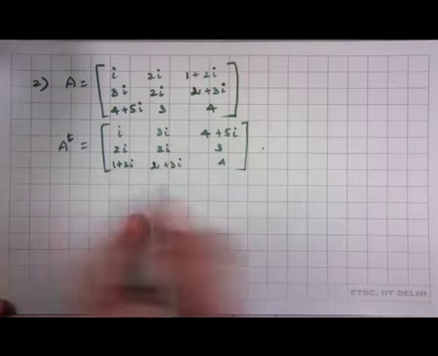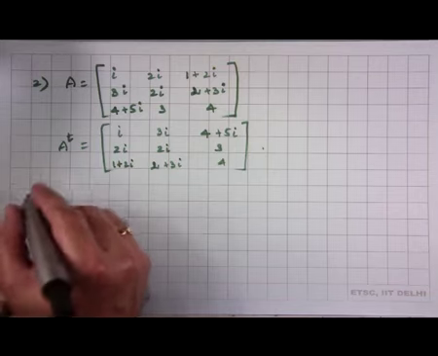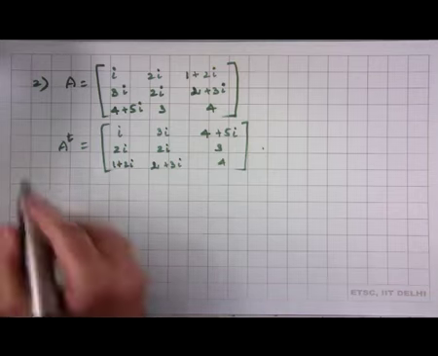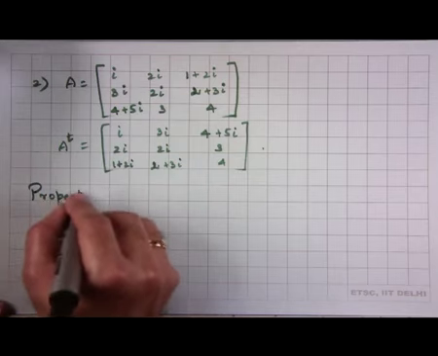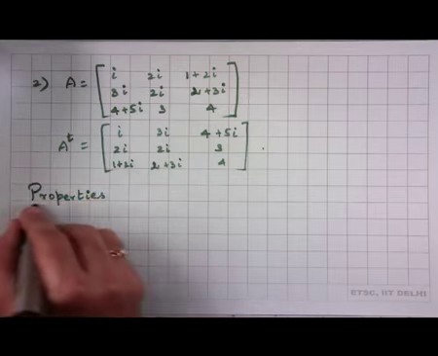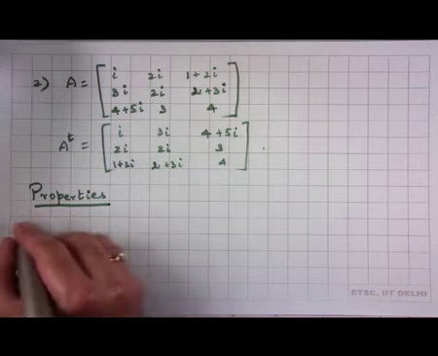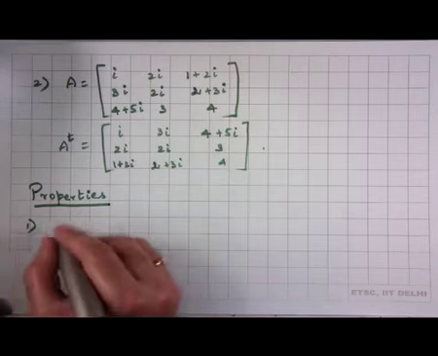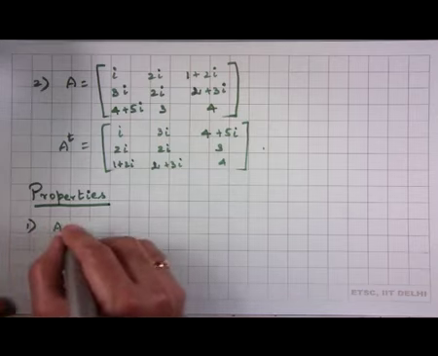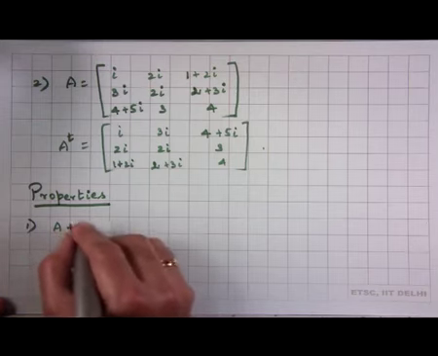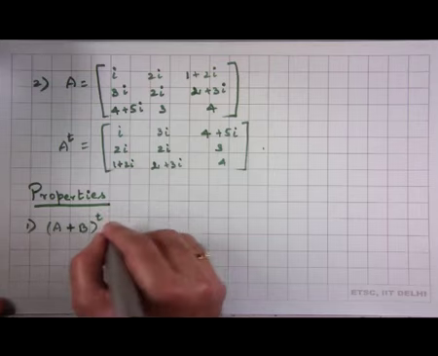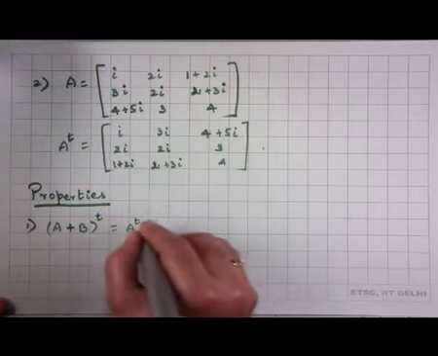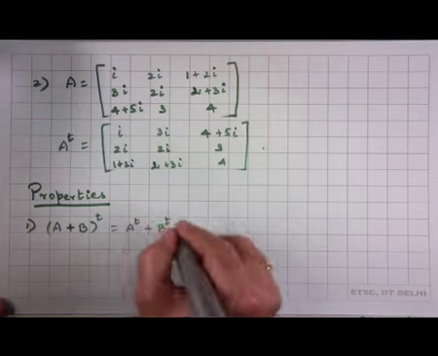Now, let us look at some simple properties of transpose. First one: if you have two matrices of the same order, then A plus B whole transpose is equal to A transpose plus B transpose.